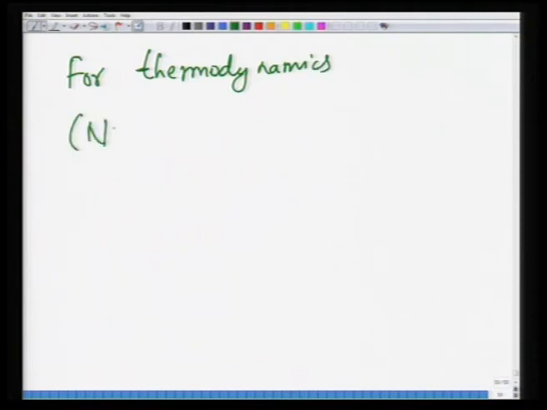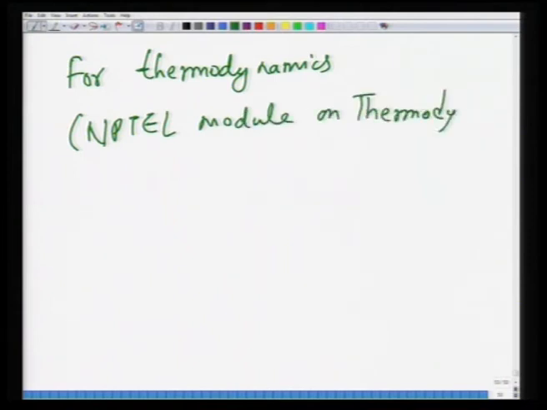So, you can go to the thermodynamics module on NPTEL, or any standard book.